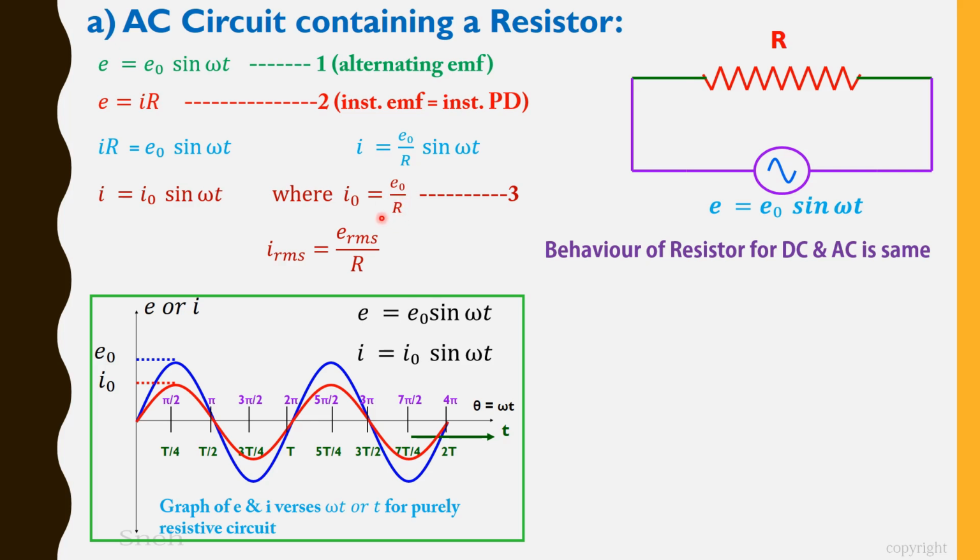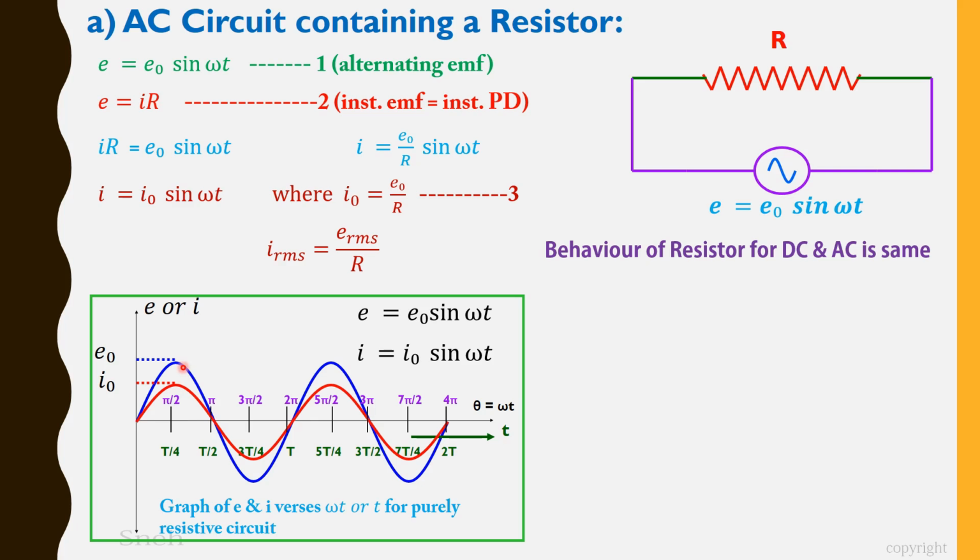R is greater than 0 always, and due to that, I0 is smaller than E0. So whenever you represent these, keep in mind that the current wave should always have a smaller amplitude or peak value than that of the alternating EMF.